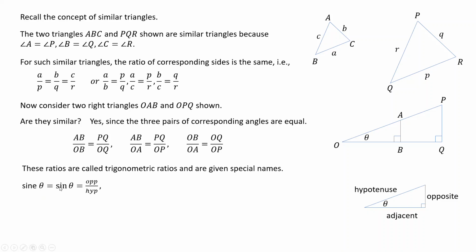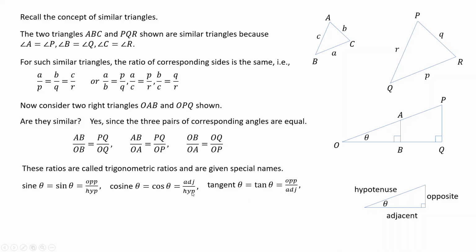So sine theta, written as sin theta, is opposite over hypotenuse. That's a special name given to that ratio. Similarly, cosine theta is the name given to the ratio adjacent over hypotenuse, and tangent theta is opposite over adjacent.